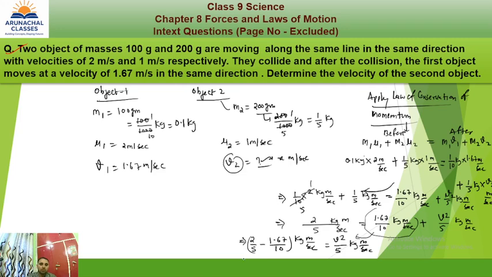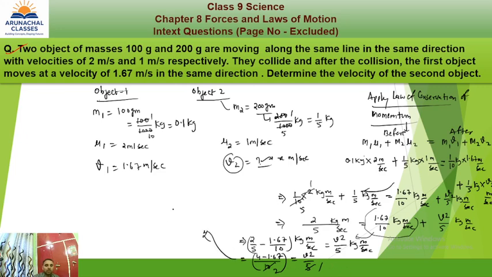Taking 10 as the LCM, it is 4 minus 1.67, in bracket, equal to v2 upon 5. Now 5 times 2 is 10.